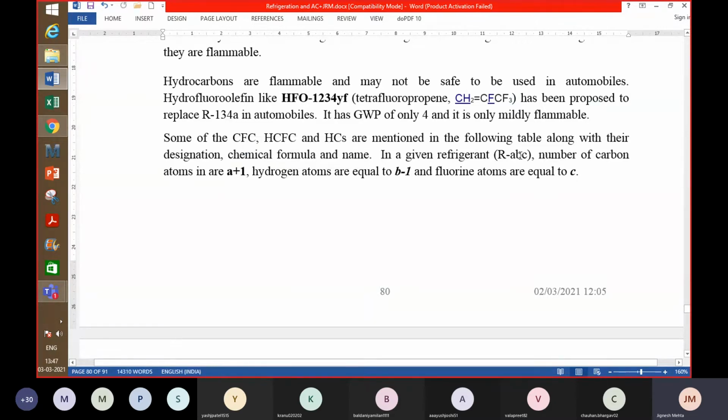Then hydrogen atoms is this digit, so B minus 1, right? So if it is R12, B is equal to 1, so in that case, there is no atom of hydrogen. And fluorine atoms are equal to C. So when I say R12, there are 2 fluorine atoms and the remaining are chlorine atoms.